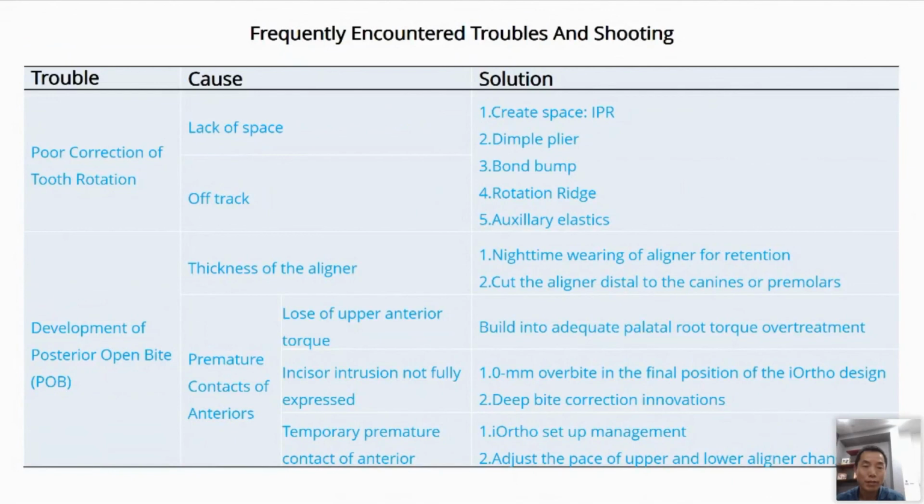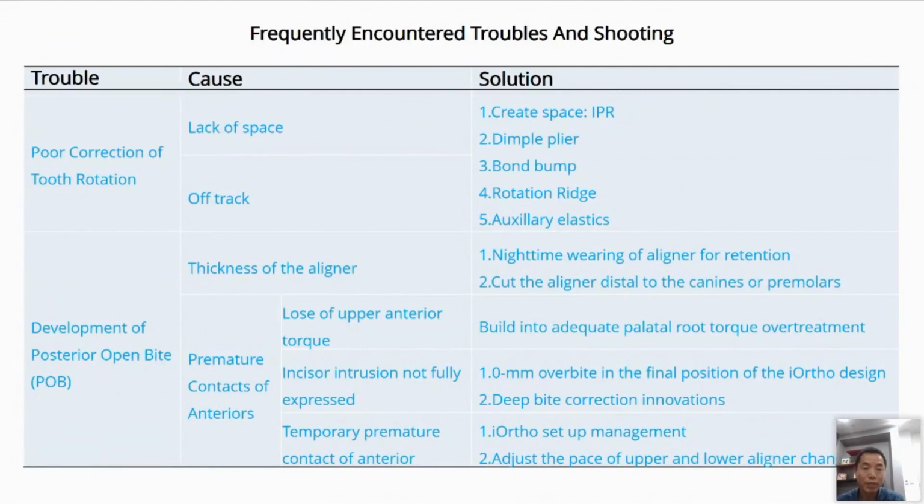For the loss of anterior teeth torque, we can add adequate palatal root torque overtreatment in the ISO design stage, and also we can design a 0 millimeter overbite in the final position of the ISO design, and also we can use the bite correction innovation.